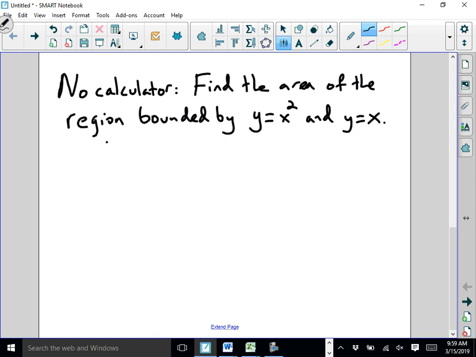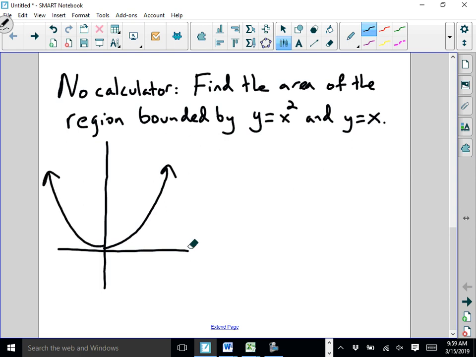Now I know that y equals x squared looks like an upward-facing parabola that has a y-intercept of 0. I always like to label them so I know which one's which. That's y equals x squared.